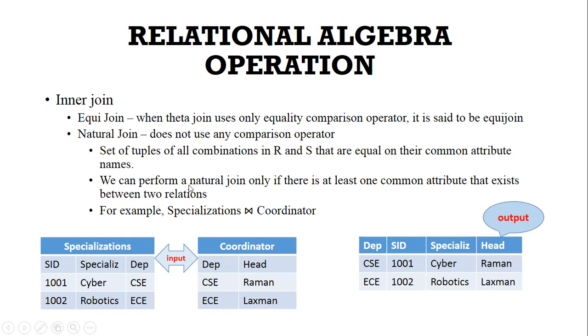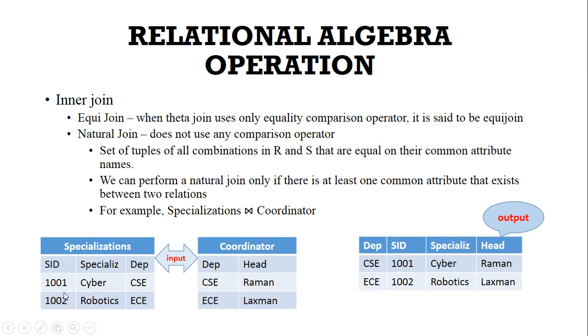We can perform a natural join only if there is at least one common attribute that exists between the two relations. Here, the two relations are specialization and coordinator. As mentioned for natural join, at least one common attribute must exist between the two relations.